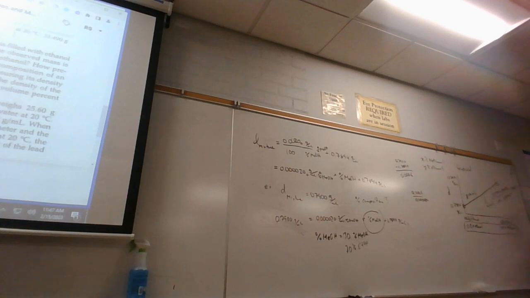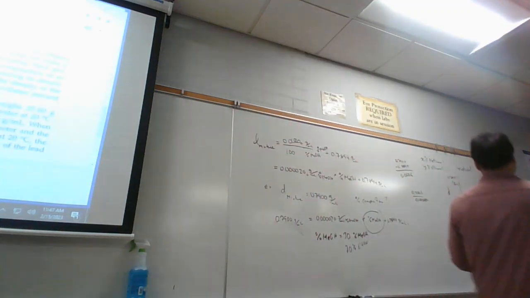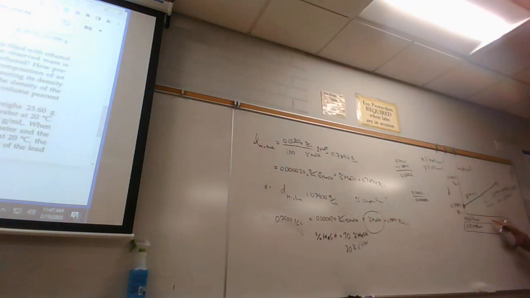If it's 80% methanol, we go to the graph over here, and then 80% methanol would be about here. And then we go up, and then figure out what is its density graphically. So this is why I call it the graphical method, because we just can use the graph to determine it, or we can break this down into an empirical equation, which is better, and then you calculate using an equation.